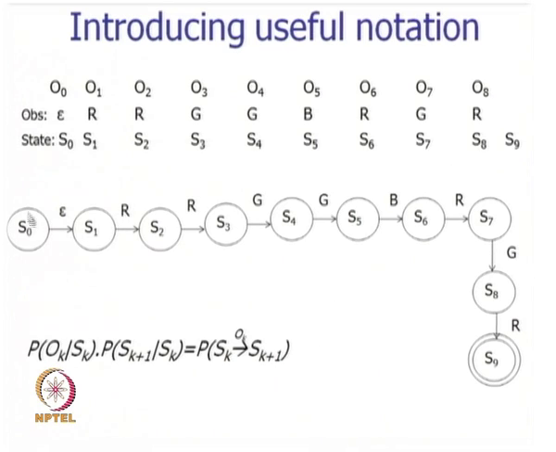So, this is diagrammatically depicted here. We know that S0 is the starting state, there is an epsilon transition to S1, S1 goes to S2, S2 goes to S3, S3 goes to S4, S4 to S5 and so on. Everywhere the arc is marked with the observation. That means, S1 after producing R goes to S2.